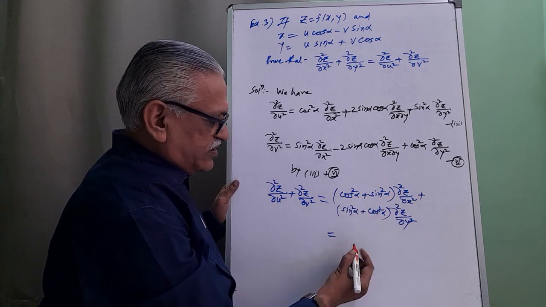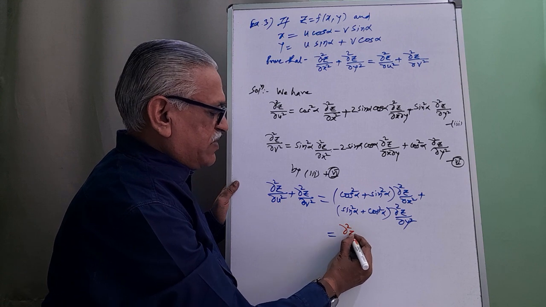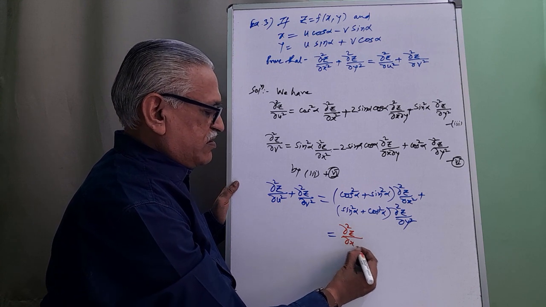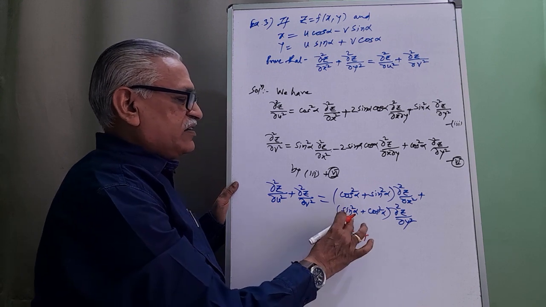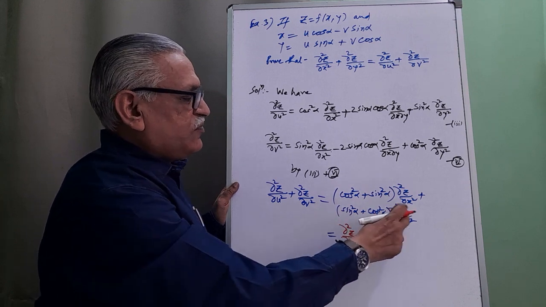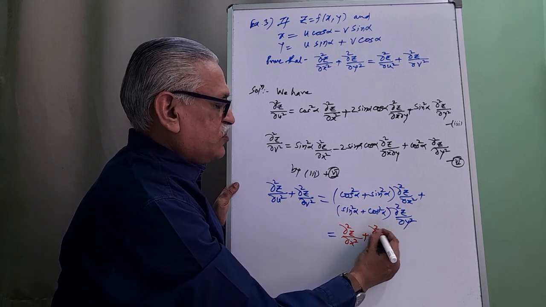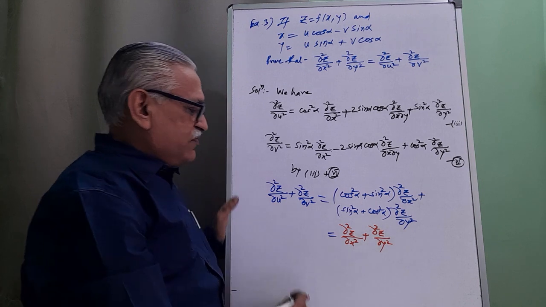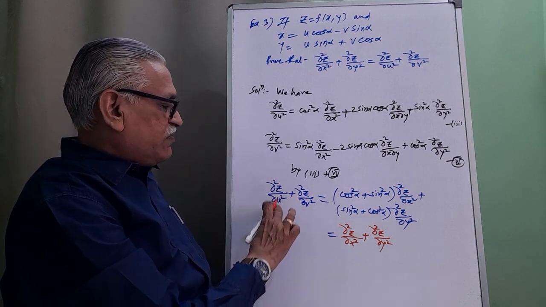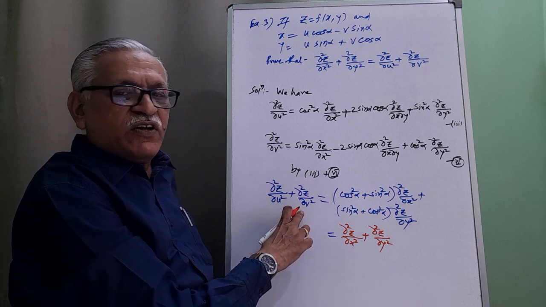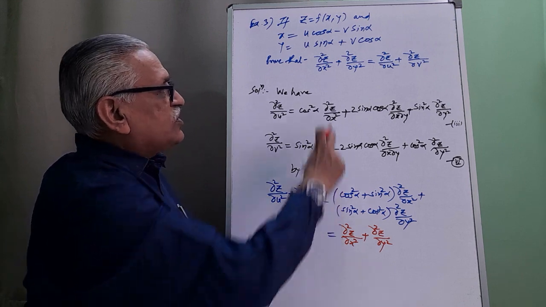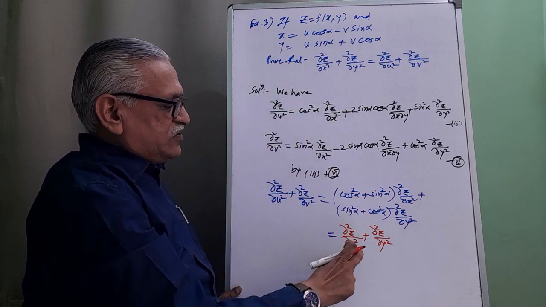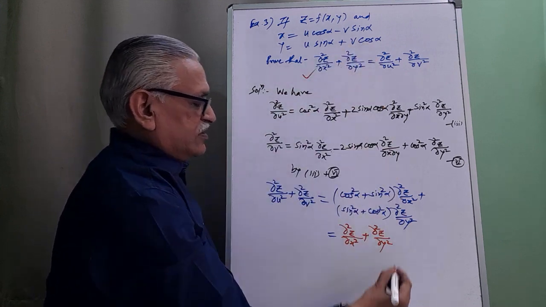Therefore, 1 into that, we get ∂²z/∂x². Again, this one is 1, therefore into ∂²z/∂y². Therefore, we get the required result, ∂²z/∂u² plus ∂²z/∂v² is equal to ∂²z/∂x² plus ∂²z/∂y². Hence proved.